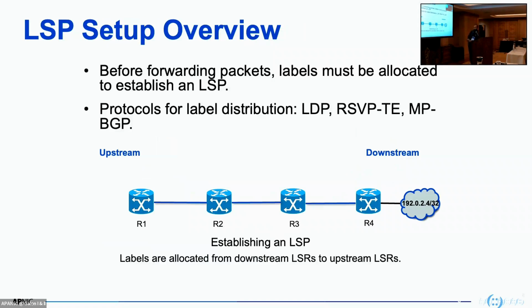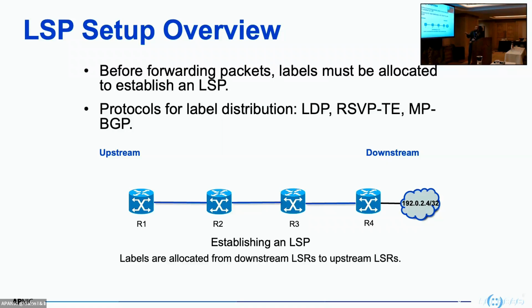So how is this label information collected? Let's say this is my PE router, and I have a network connected to my router, and I configured MPLS. So this is my MPLS domain.